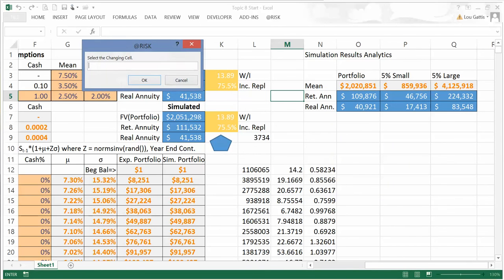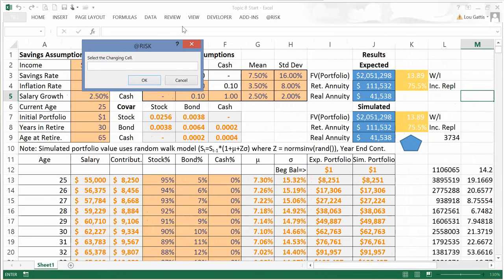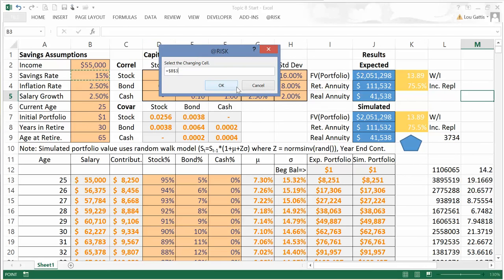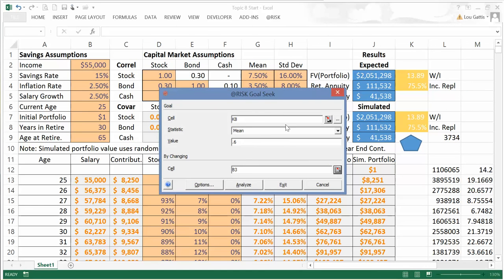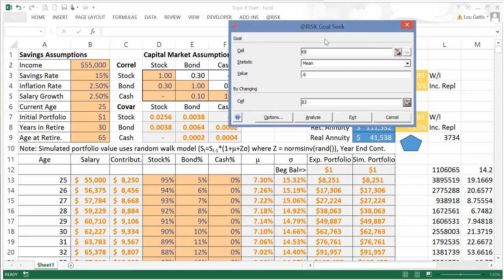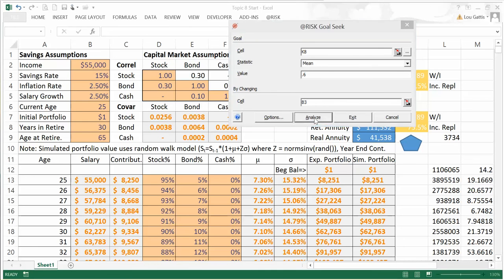In this case, we determine that we only need to replace 60% of our income. @risk will run the simulations, trying to figure out how much you should save to target a mean average replacement rate of 60%.